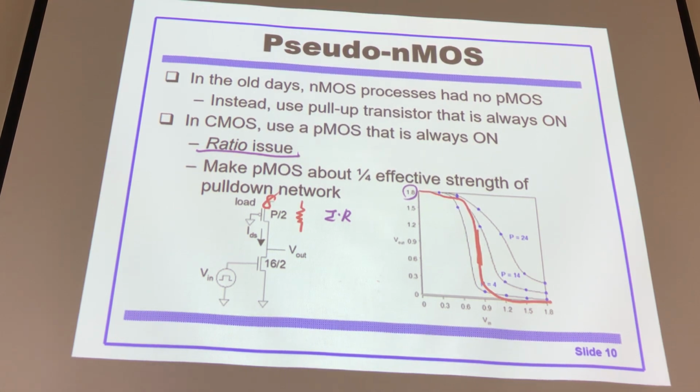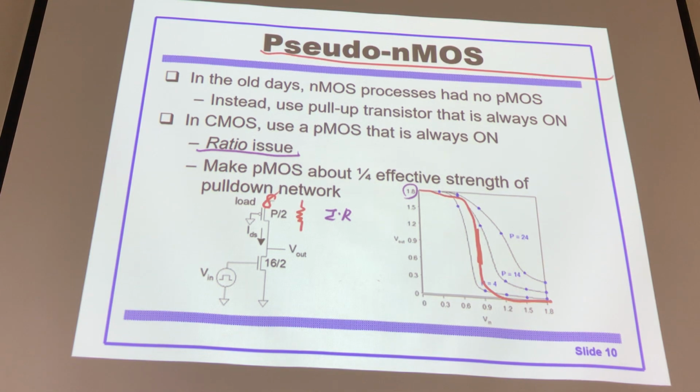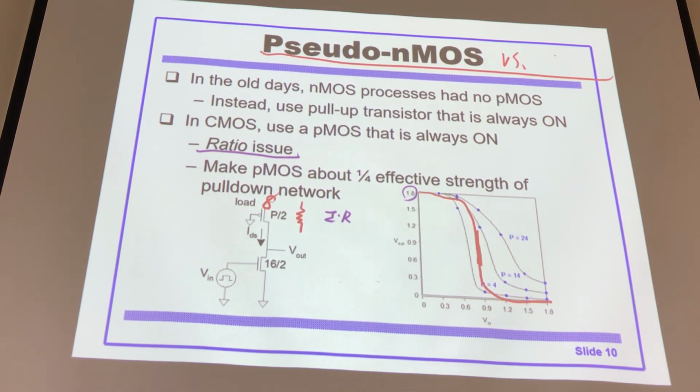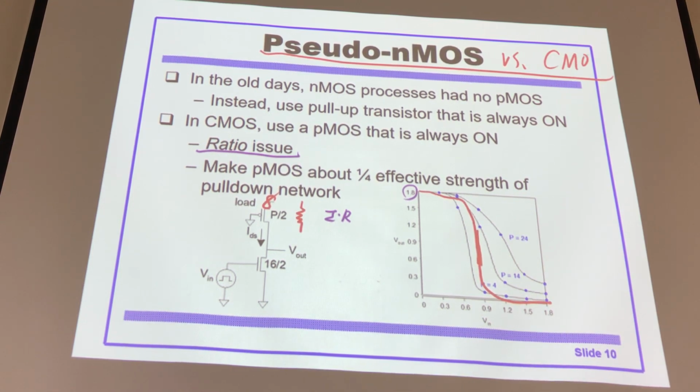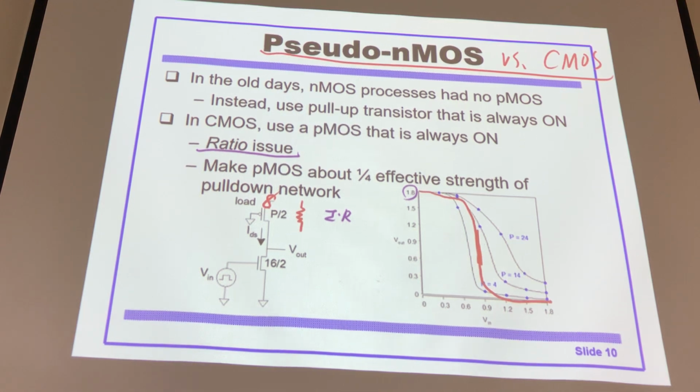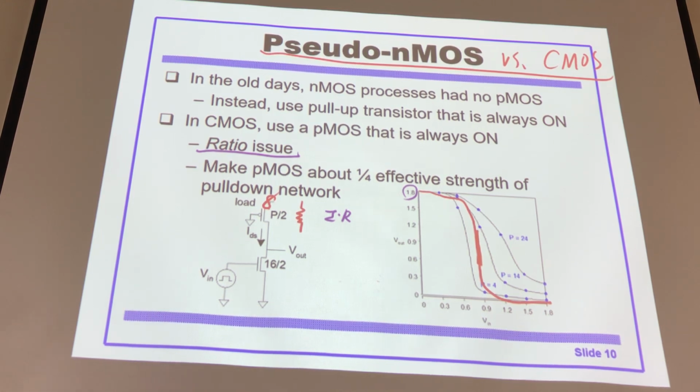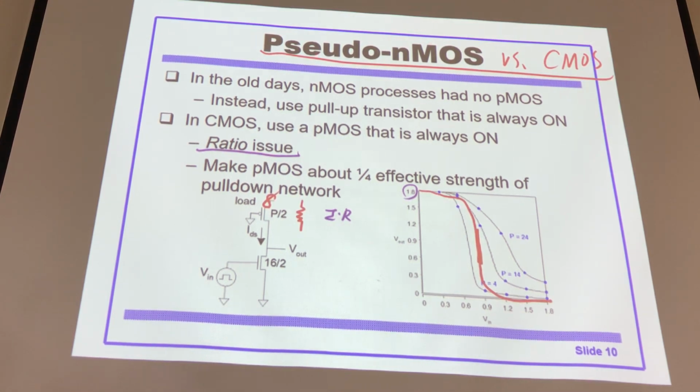What's the benefit? If you compare pseudo NMOS versus static CMOS, we claim that CMOS is actually much better. However, there's still some advantage for pseudo NMOS. What is that? Well, power consumption: static CMOS is the best, much better than pseudo NMOS.